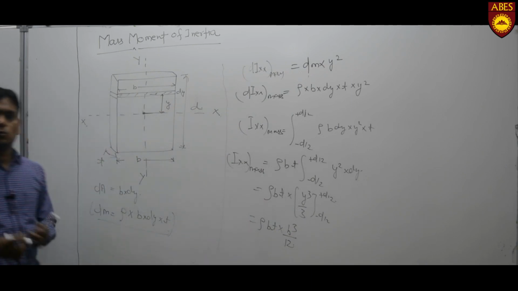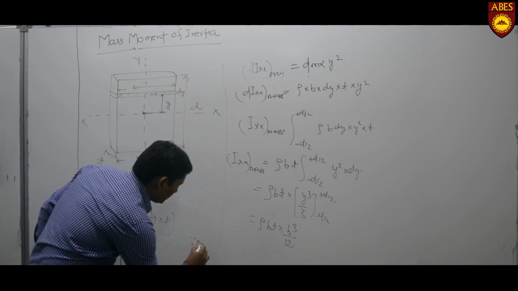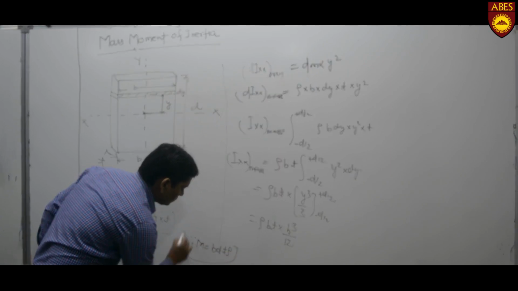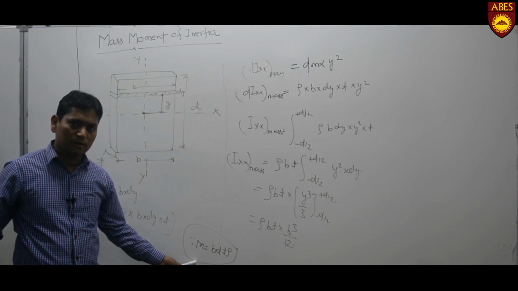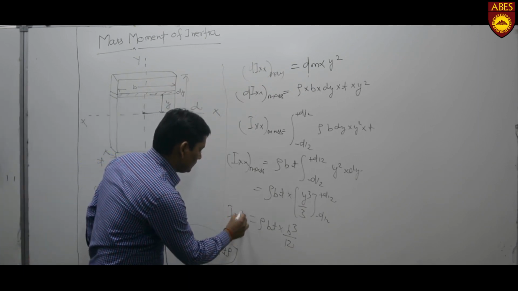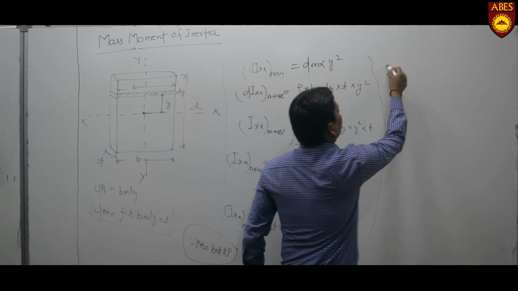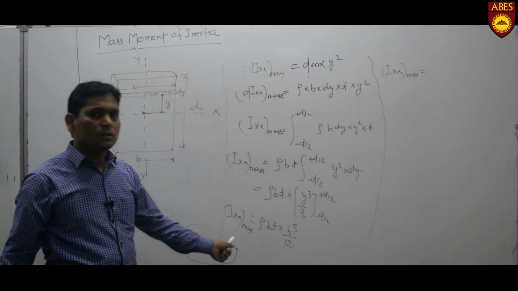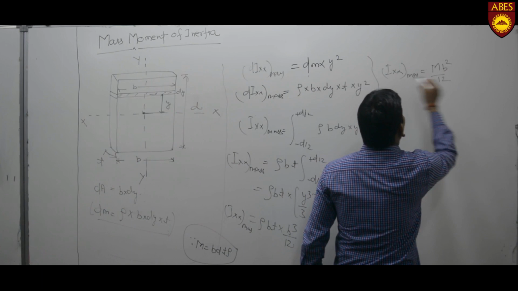We know that the total mass of the rectangular section will be capital M equal to b d t into rho. This is the total mass of that section, and we can write the equation as Ixx mass equal to capital M d square by 12.